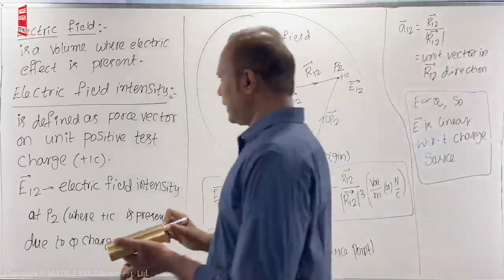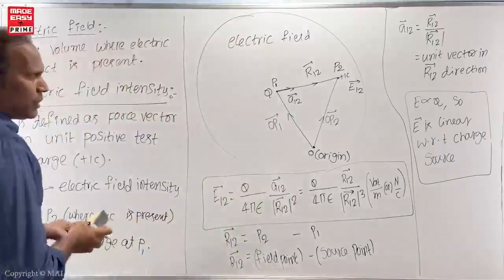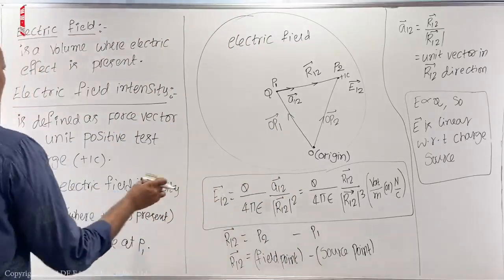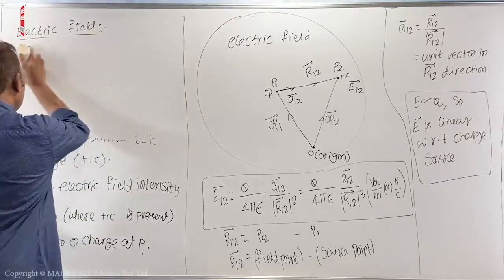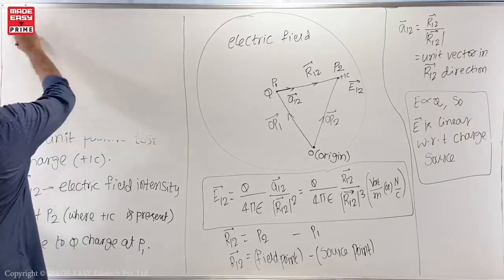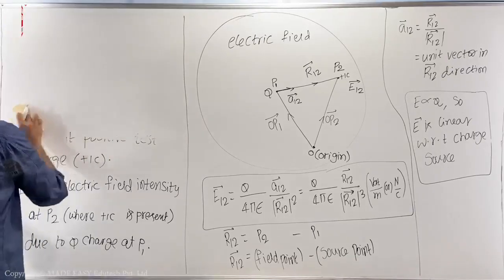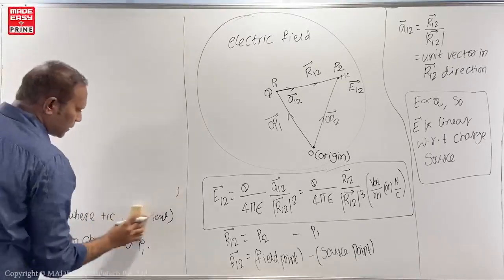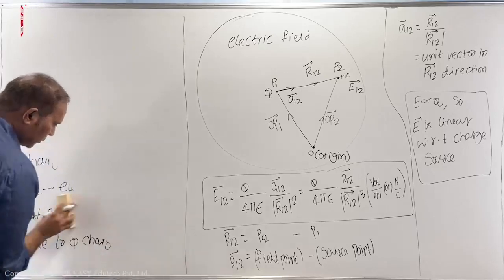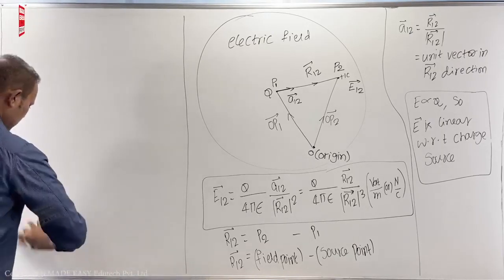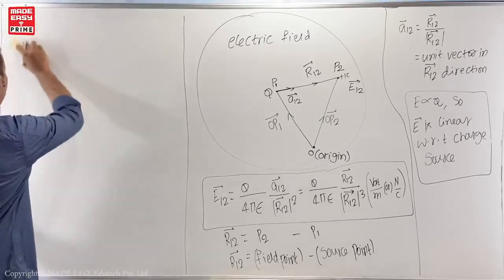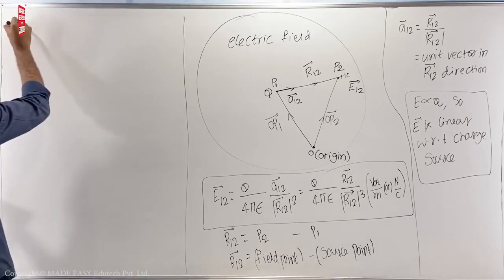So now I am writing here. If it is in the box, you have to remember that one. Now actually I want to write one note here: electric field due to point charge, line charge, surface charge, volume charge. We have to write the general formulas. Now here I am writing the note.